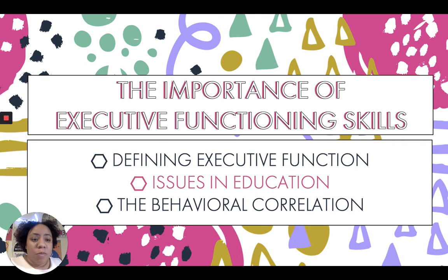But the framework that I'm going to provide is so that you can implement it in a high school classroom if needed. Also, the major part of this is the behavioral correlation. Executive functioning and behavior are highly correlated, and if we teach the executive functioning skills, it can limit the amount of behavioral issues in students because they will have the skills to be academically successful.